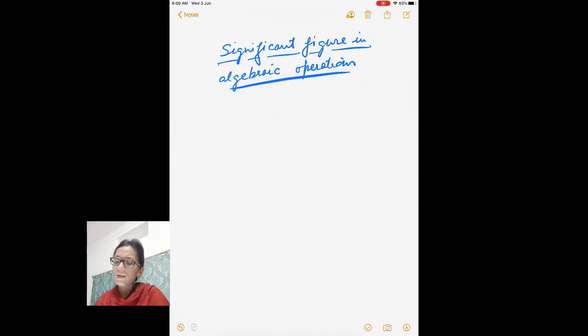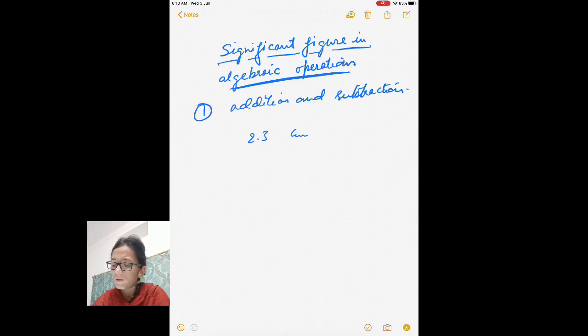So significant figures in algebraic operations, the first case, addition and subtraction. You take measurements of the lengths of two different things, and suppose you measured one length as 2.3 centimeter, and the other length as 2.402 centimeter, and finally you add them.